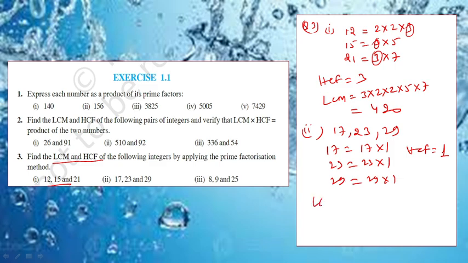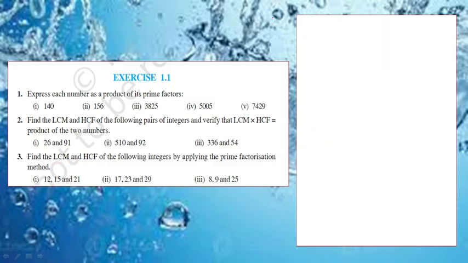LCM will be the multiplication of all, 17 into 23 into 29, and due to that multiplication we will be getting 11339. Okay. Third one.